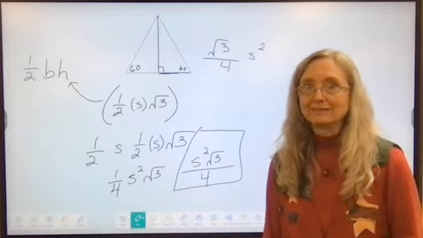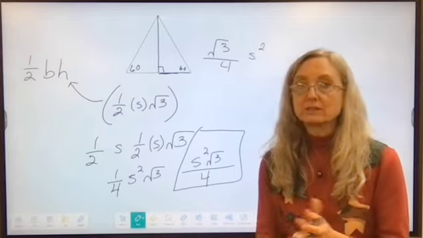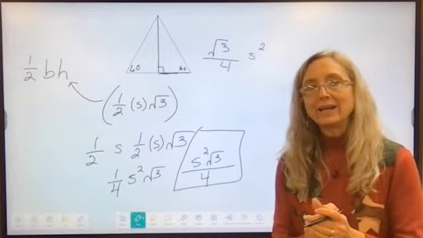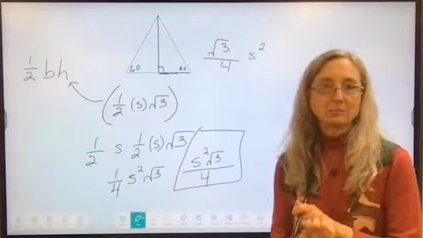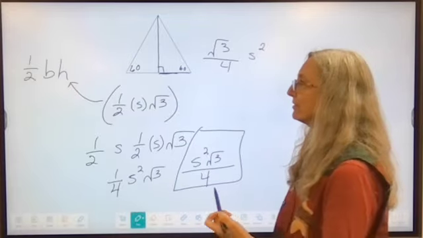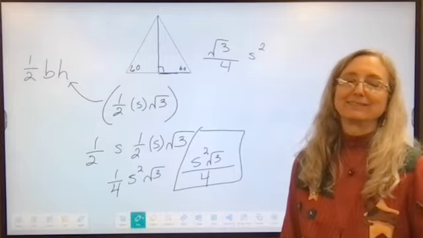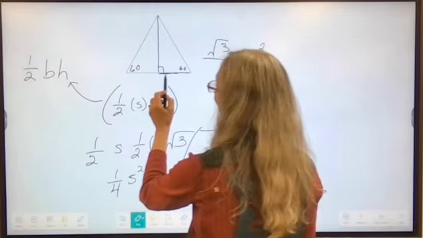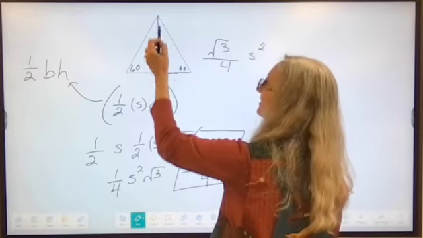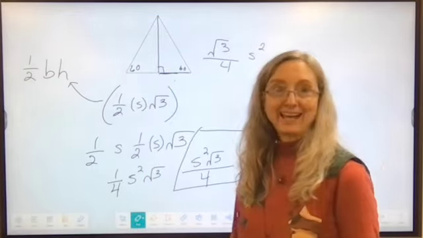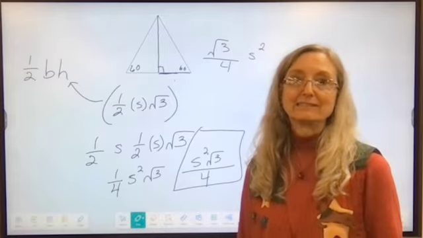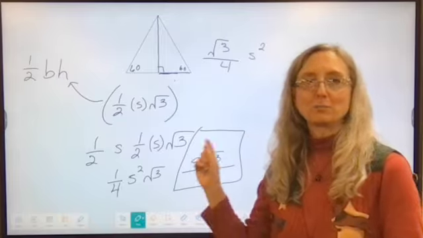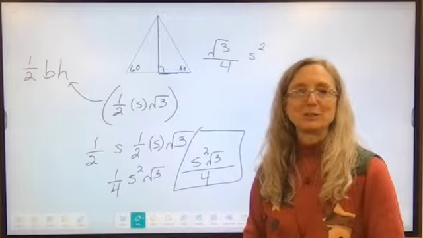To me, it's so much easier just to realize that the area is 1/2 of the base times the height. So whatever the side length is, you can just divide that in half, and it's that times that square root of 3, and you've got it. Anyway, use whatever method you want, but here's a nice little formula for helping you.